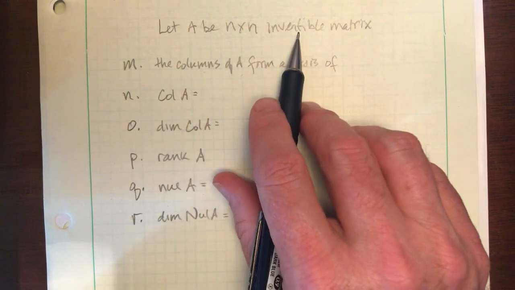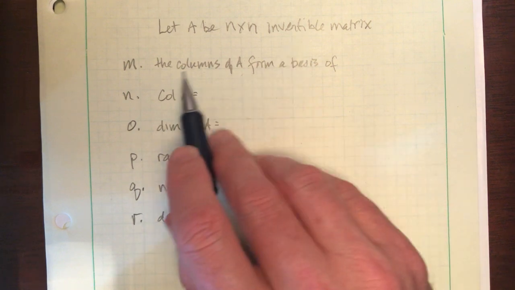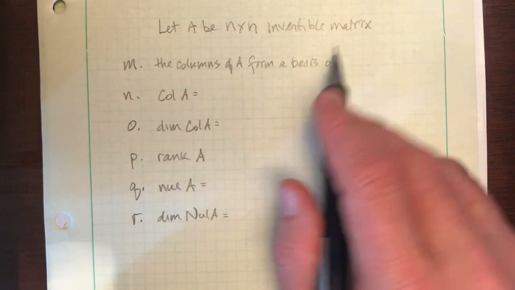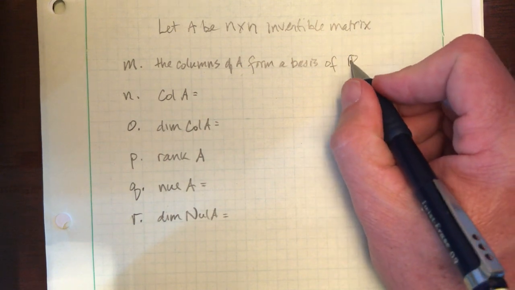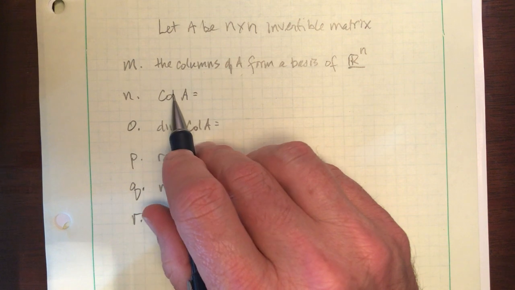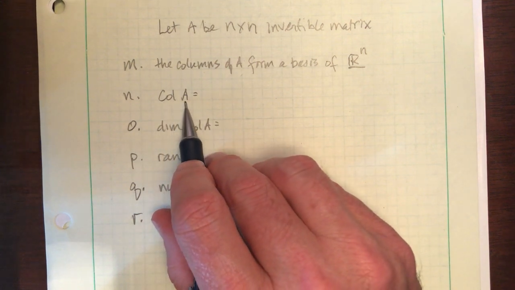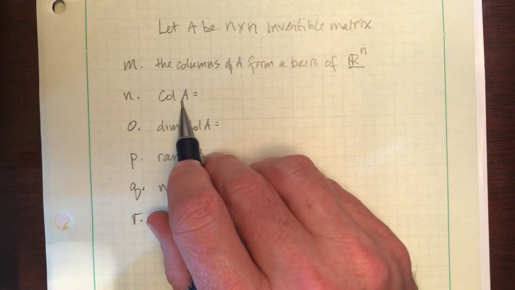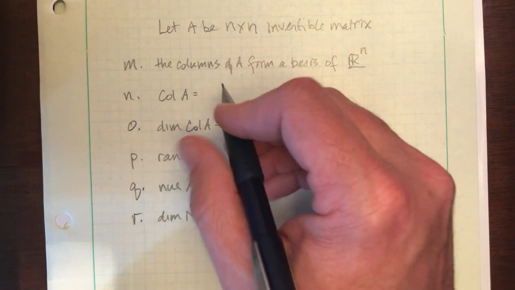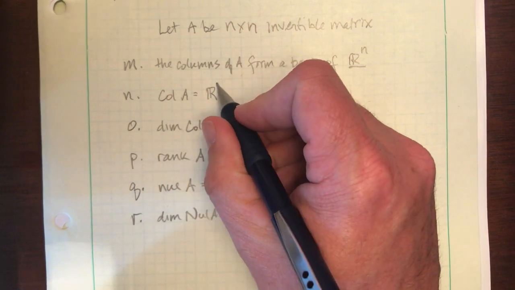Well, if it's invertible, what do we know about this matrix? The columns of A then form a basis of Rn. What is the column space of A? Again, what that's asking is if you could span all of those columns. Yep, they would span all of Rn.